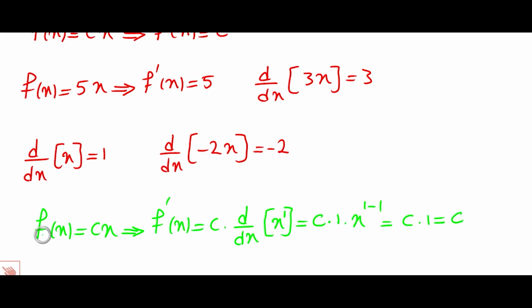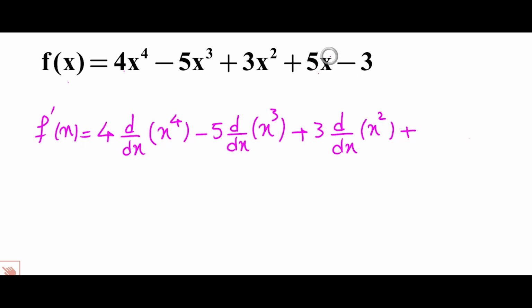So if f of x is equal cx, so f prime of x is equal c. So the derivative of 5x is 5, and finally the derivative of any constant, means minus 3, is equal 0, minus 0.